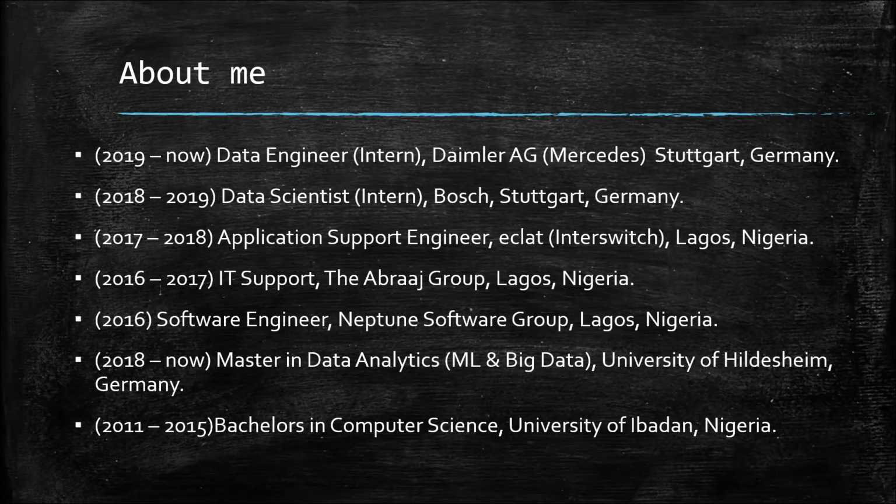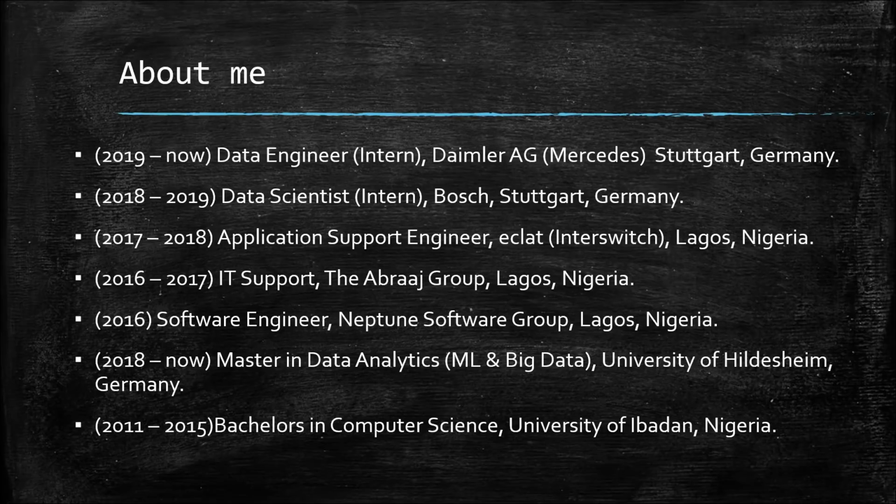I grew up in Nigeria, in Ibadan. I did my bachelor's at the University of Ibadan, Nigeria. Then after my bachelor's, I moved to Germany to do my master's in data analytics. Data analytics is a mixture of big data, which has to do with PySpark and Hadoop, and then I did machine learning.